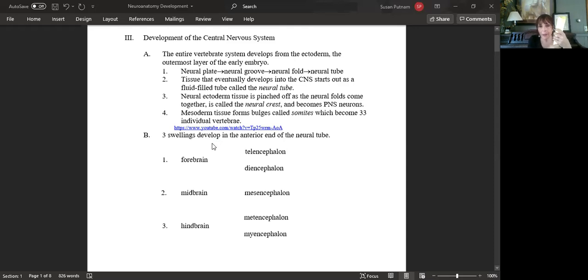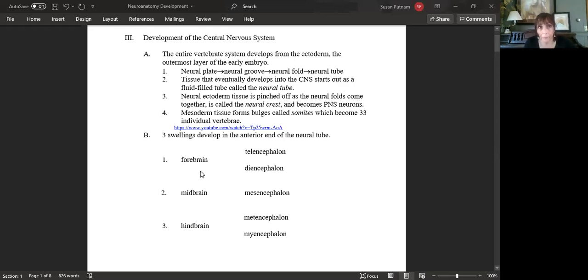Just know it's the same thing. And then it will develop a bulge in the middle, or a swelling, and that's the midbrain. And then down here is the hindbrain, and sometimes that's referred to as rhombencephalon. Same thing.